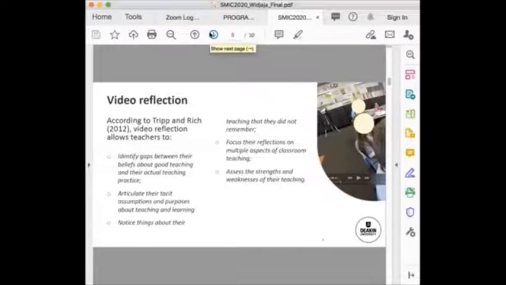So that will be one of the potential contributions: when we reflect on the video, we will be able to look at the gaps, if there is any sort of discrepancy between the belief and the enacted teaching practice.